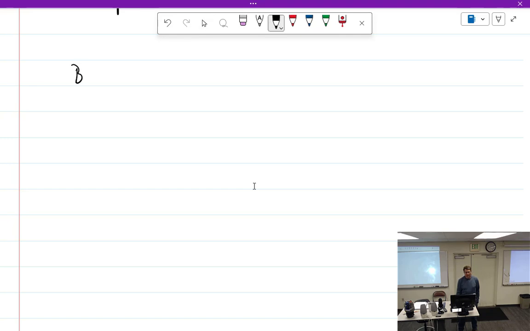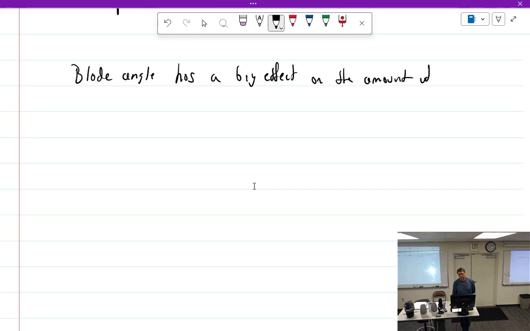Blade angle. So we'll talk about blade angle. It has a big effect. I'm going to use E for effect. Anybody wants me to use A, speak up, let me know. Blade angle has an effect. My notes say a pronounced effect on the amount of air moved and engine RPM.